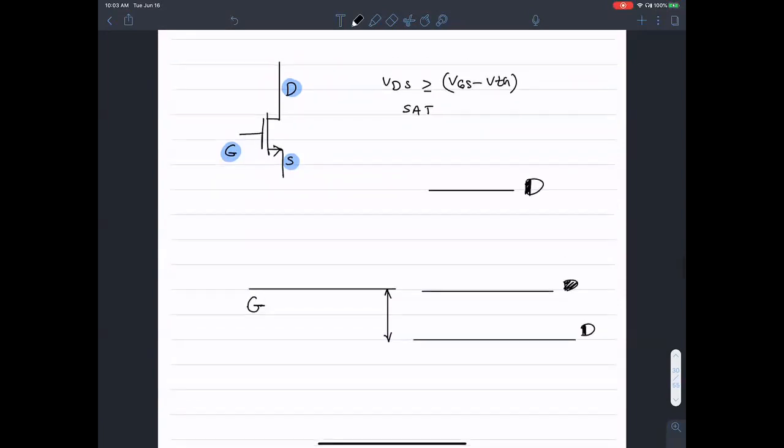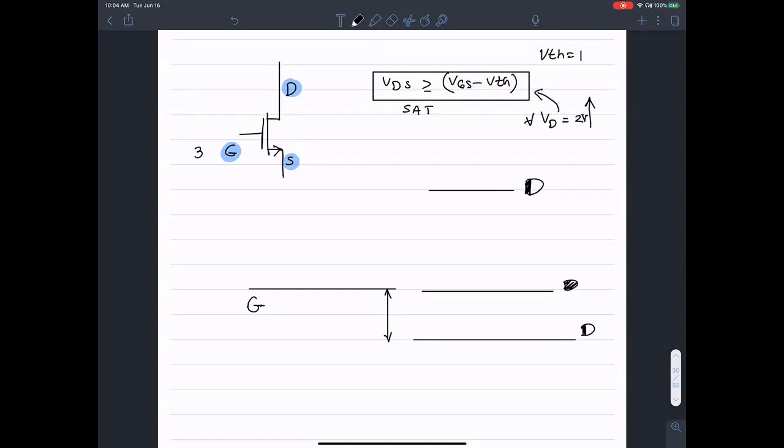So in other words, if the threshold voltage of this device is 1 volt and the gate is at 3 volts, this equation will be satisfied for all values of VD equal to 2 volts or higher.